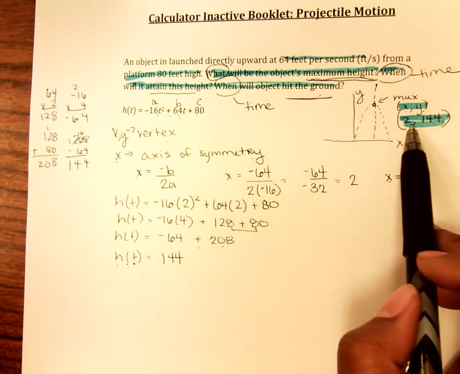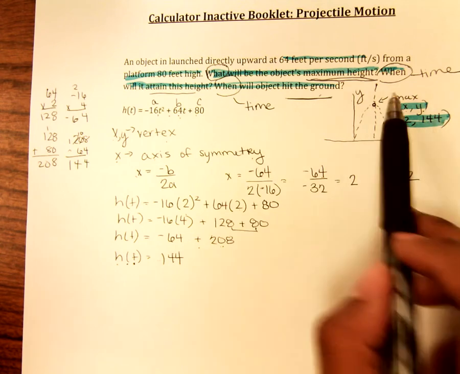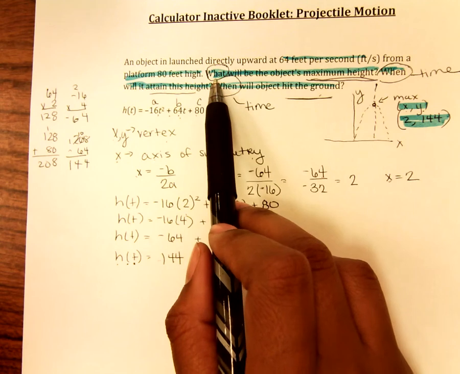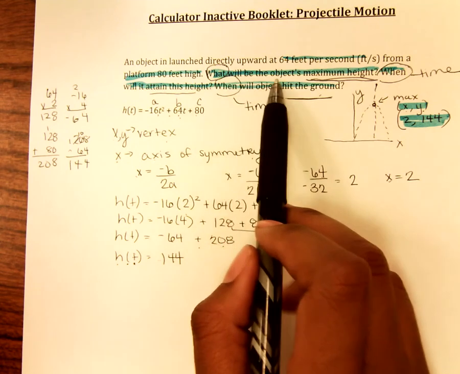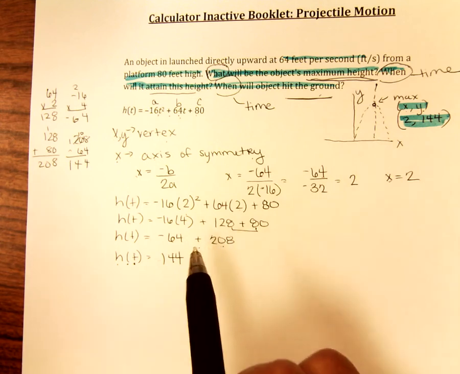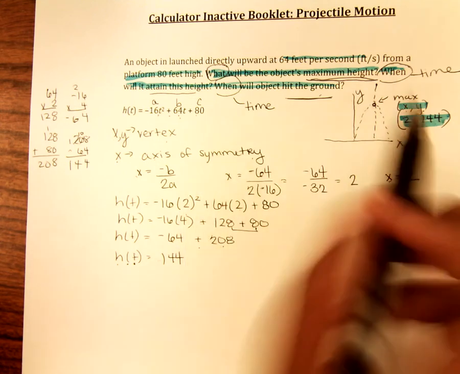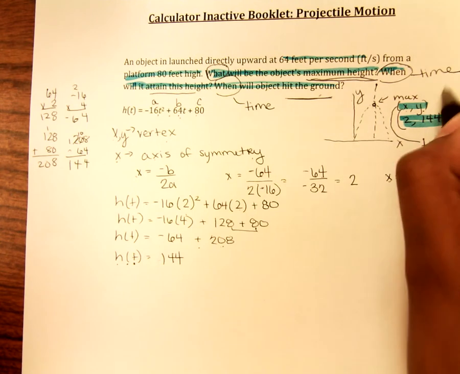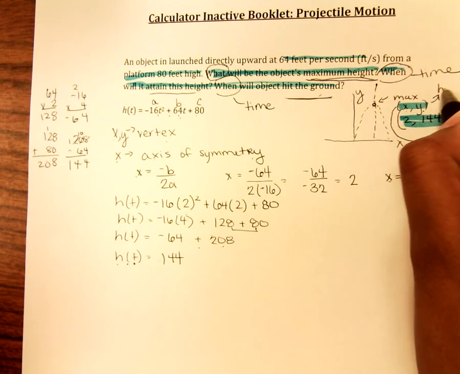This is also at 2, 144, my maximum point. So I go back to the first question. What will be the object's maximum height? If you can remember back into the lessons, we said X will always be time and Y will always be height.